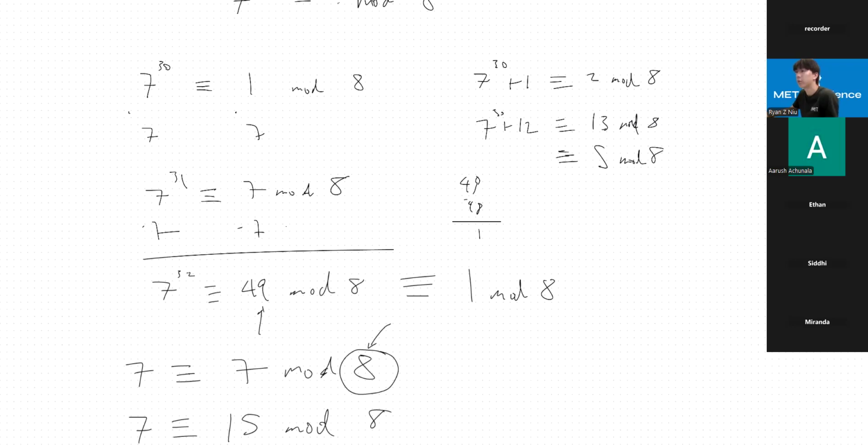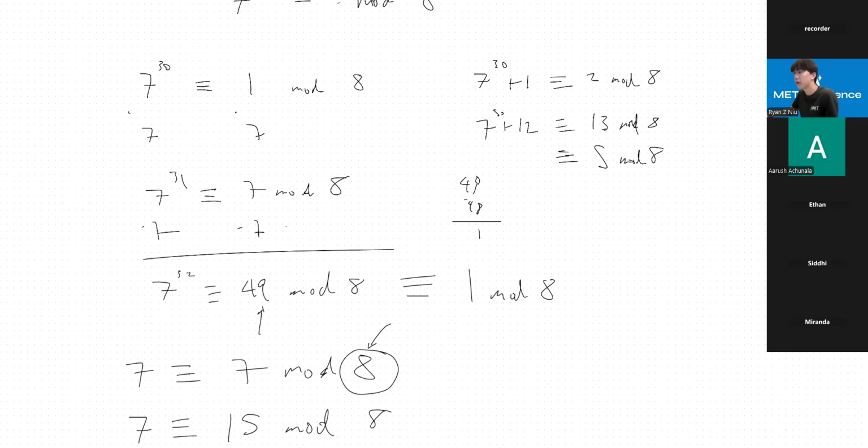And we can keep multiplying by the same equation over and over again. So 7 to the third is going to be equal to negative 1 mod 8.